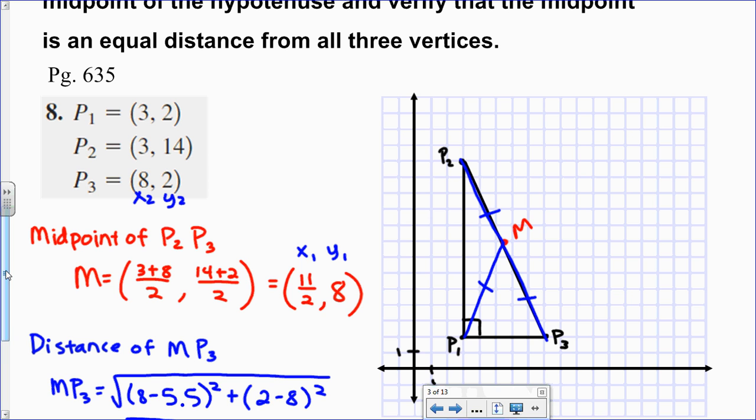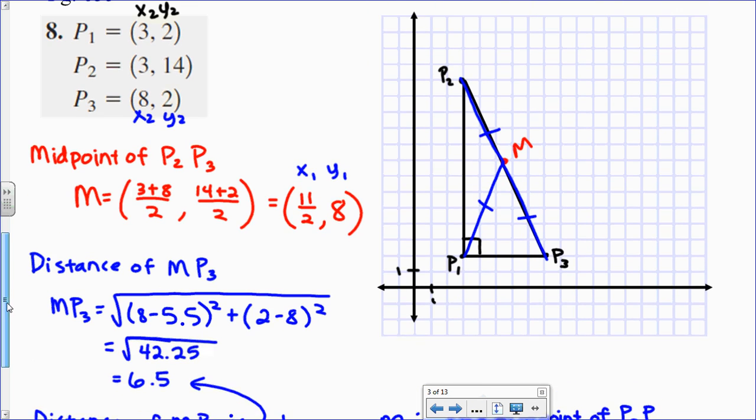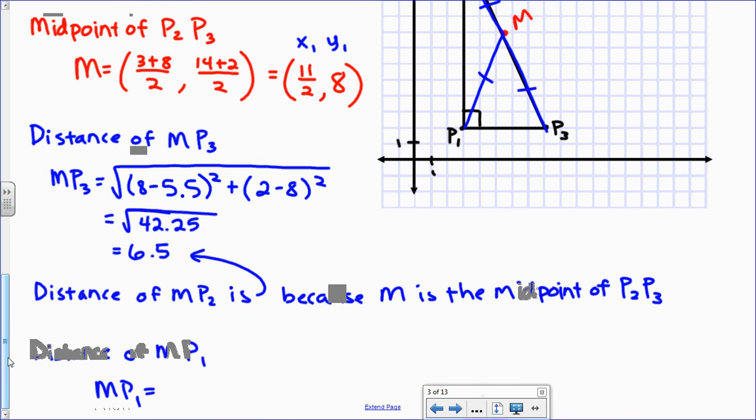I'll call P1 my x2, y2 this time. So 3, 2. So go ahead and fill this out. Write out the distance formula. Calculate it. Remember, you're trying to get them to be the same, so make sure that you get 6.5 again.